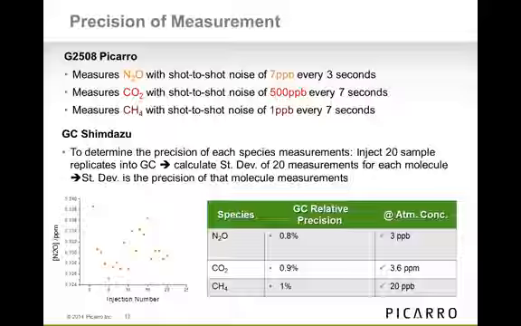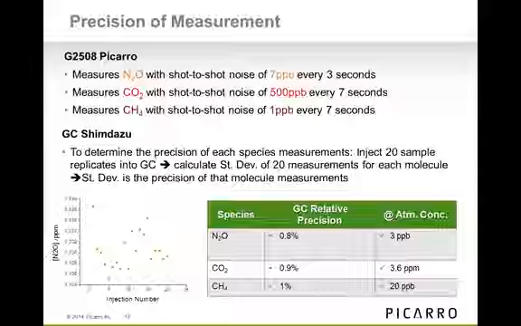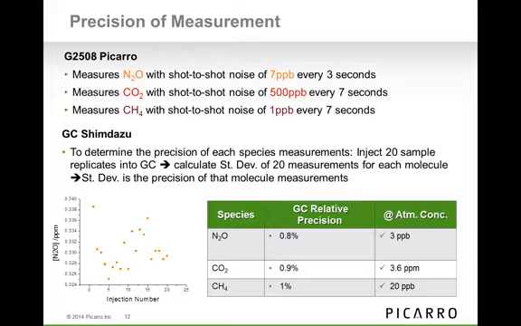And then CO2 is 500 ppb and methane is 1 ppb. So you can see that the GC has a stronger single point measurement than the G2508 for nitrous oxide. But for methane and CO2, the G2508 is significantly more precise. And then we'll see what can come of that, even though it has a smaller noise.